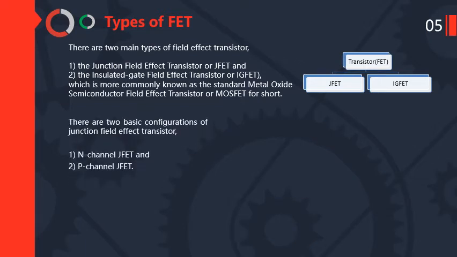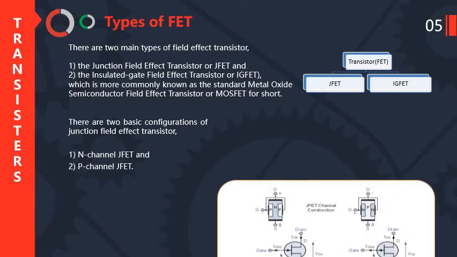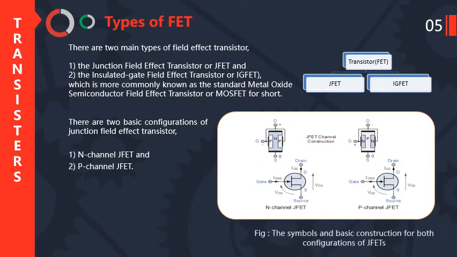There are two basic configurations of junction field effect transistor, N-channel JFET and P-channel JFET. The symbols and the basic construction of both configurations of the JFETs, means junction field effect transistor, are shown in a figure.